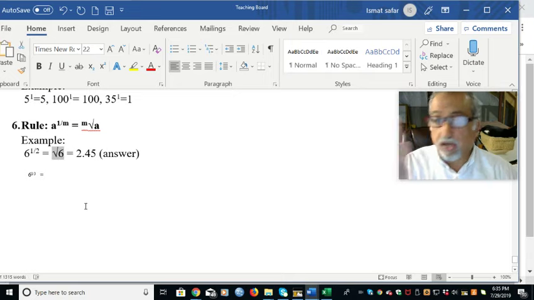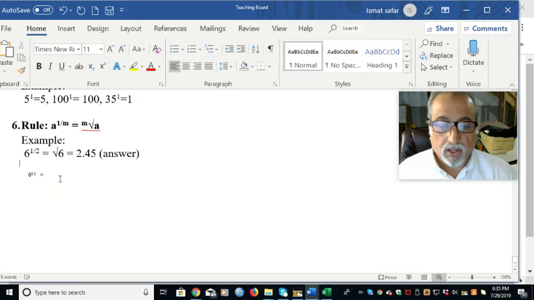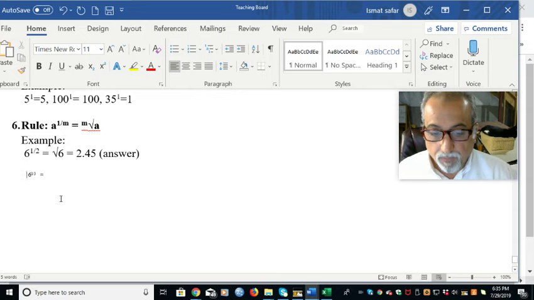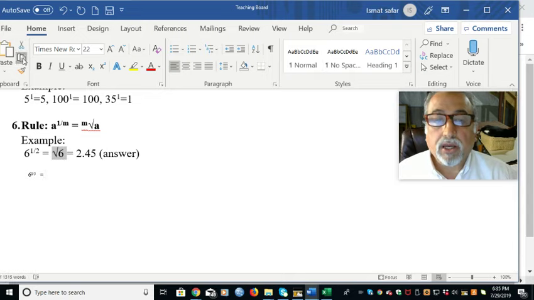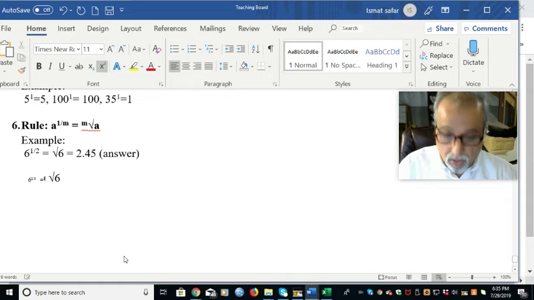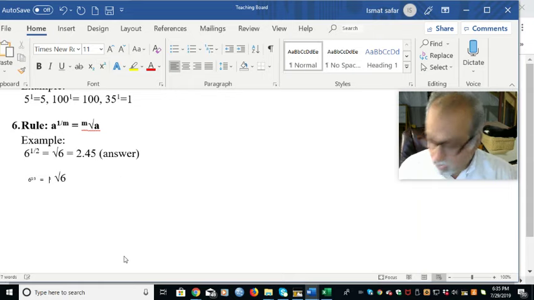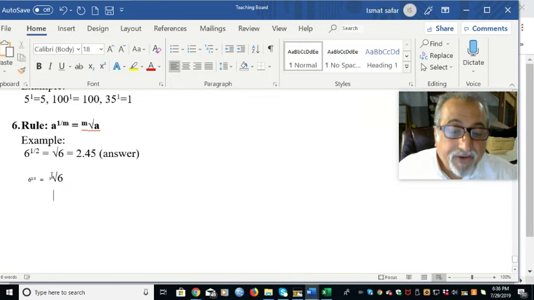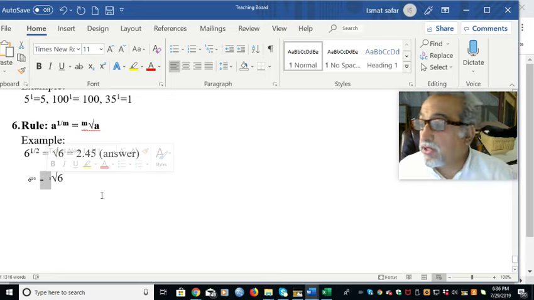It's the third root of 6. So let's copy the root symbol, paste it right here, and put the 3 here. This 3 means the third root of 6.